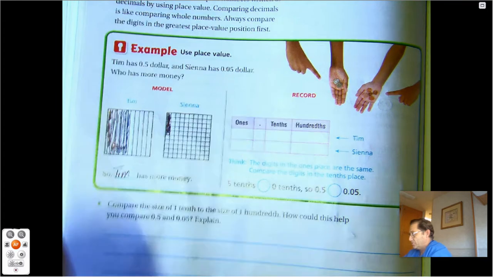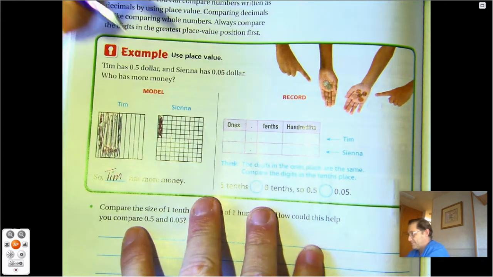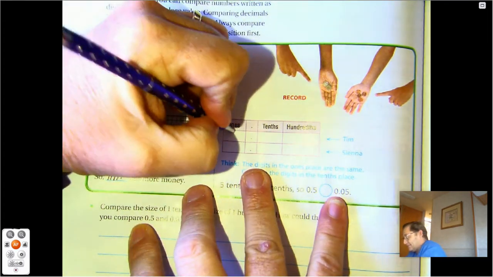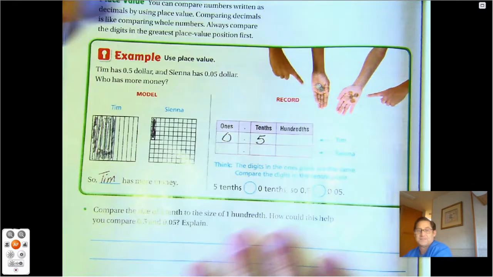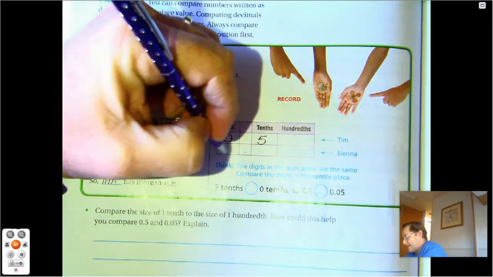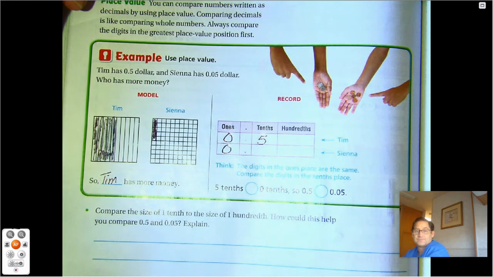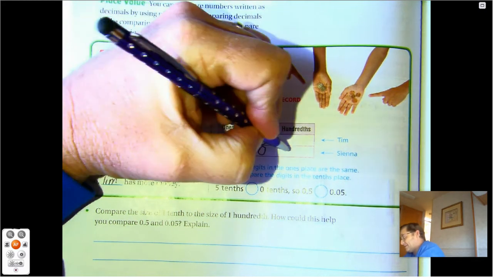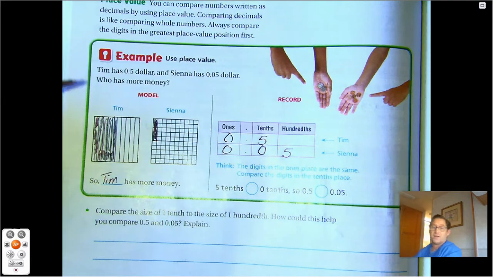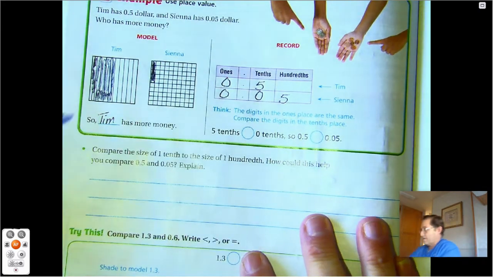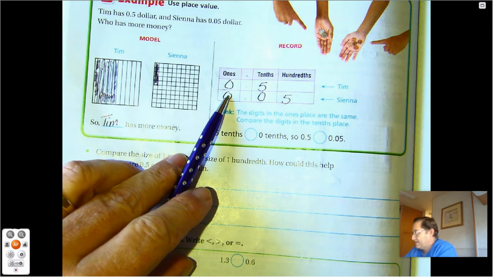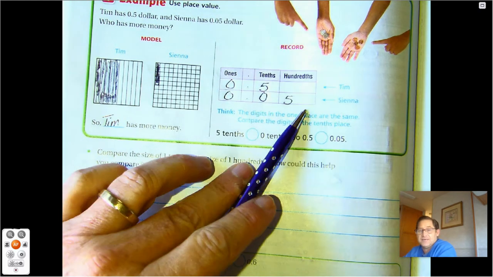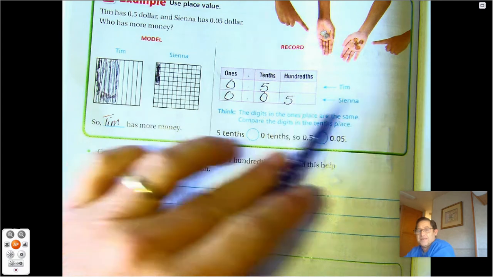But we can also compare using place value. So Tim has 0 ones, but he has 5/10. Sienna has 0 ones, 0/10, and 5/100. So when we compare this, the ones in this place value chart is the largest place value. Then tenths, then hundredths, thousandths, and so on.